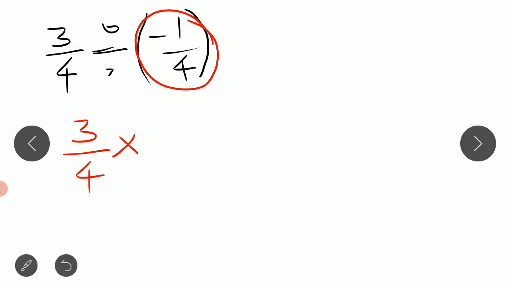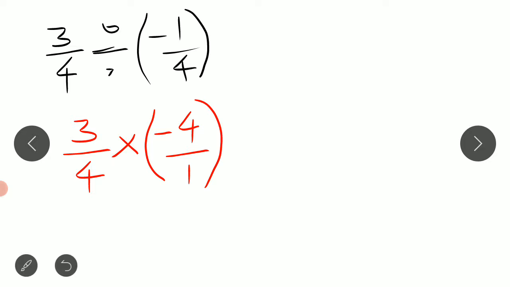The reciprocal of minus 1 by 4, or the multiplicative inverse of minus 1 by 4, becomes minus 4 by 1.